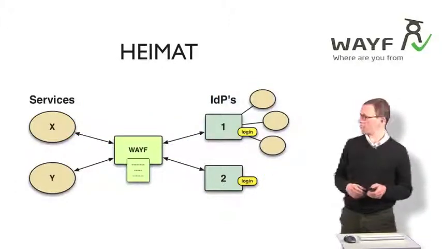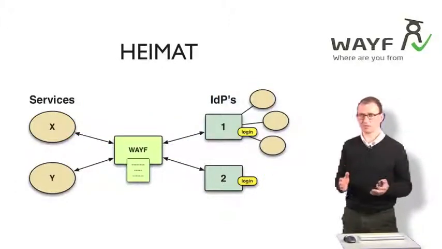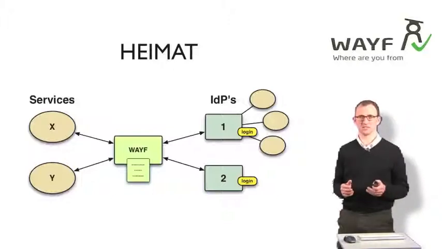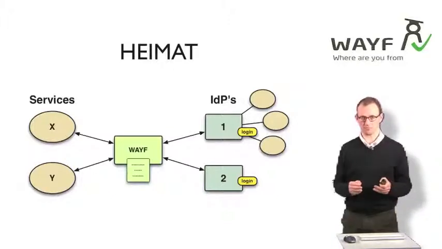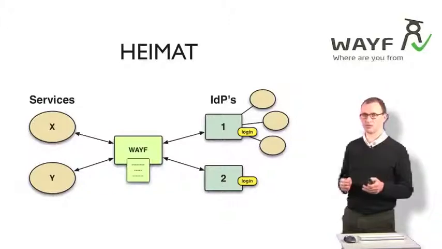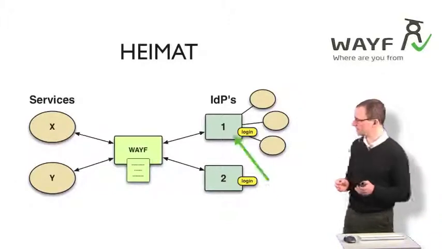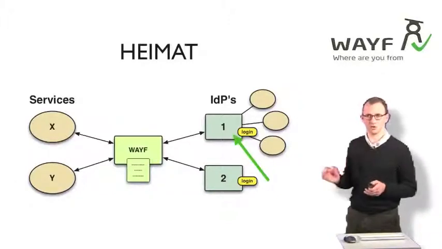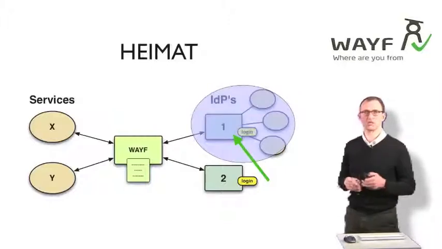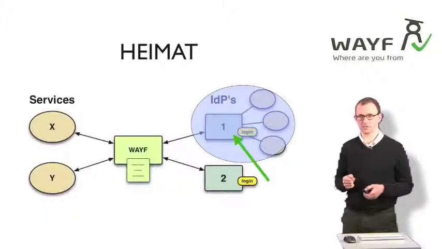A different concept, but the same functionality in principle, is called Heimat. Heimat means the place you come from originally. And what happens here is, of course, again, that the user goes to the local institution. They create a session with the single sign-on domain, and then here comes the difference.